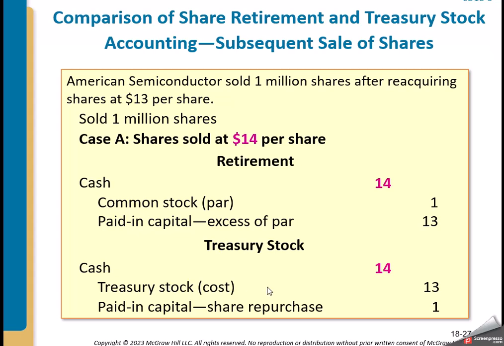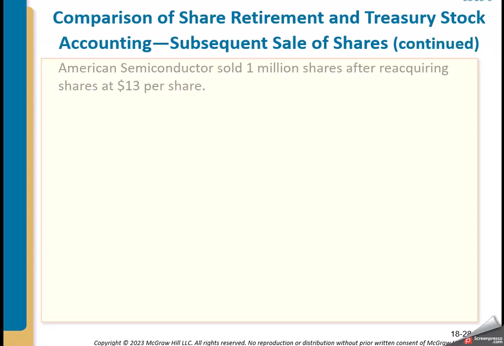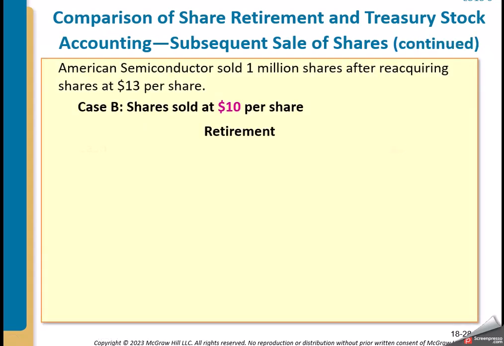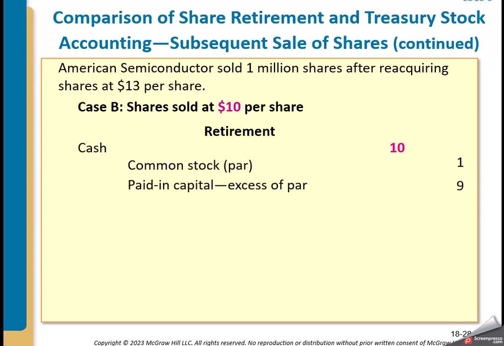That's what we paid for them. So then we're going to receive the cash, and the amount that we receive over the treasury stock is going to go into paid-in capital, share repurchase, because we're not going to record a gain on selling our own shares of stock that we bought back. We can't buy and sell our own shares and have a gain on it.